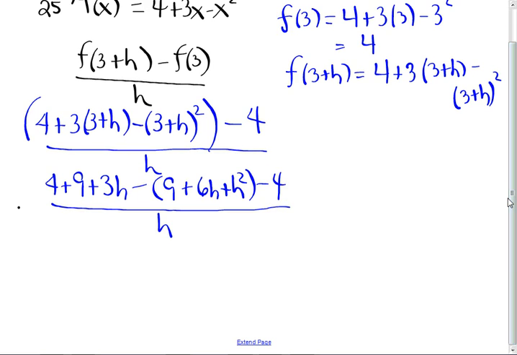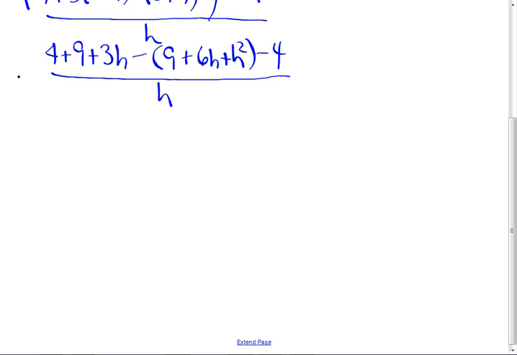I'm not going to mess up, but you guys are going to mess up the signs. So I'm going to get 4 plus 9, 13 plus 3h minus 9 minus 6h minus h squared minus 4, all over h.